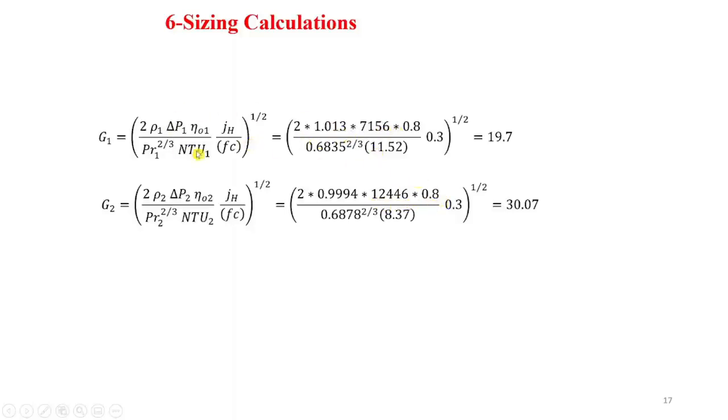If you substitute these values in G1, you get an initial value for G1, which is going to be 19.7 kilogram per meter square second, and the same thing for G2.